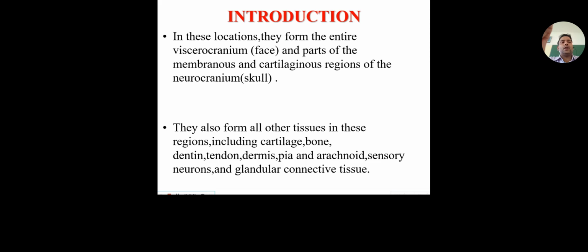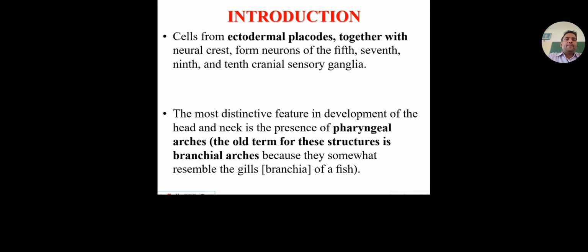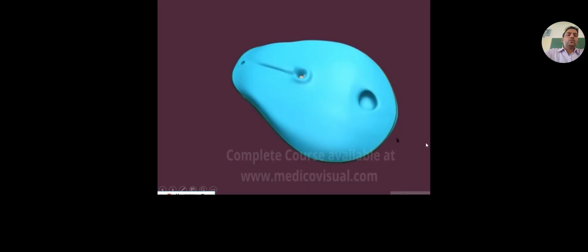So these all are formed by the mesenchymal cells coming from these three to four structures. What are those? Again we will repeat: paraxial mesoderm, lateral plate mesoderm, neural crest cells, and the ectodermal placodes, and they develop into pharyngeal arches. The pharyngeal apparatus is also known as branchial arches because it is similar to gill slits in a fish.